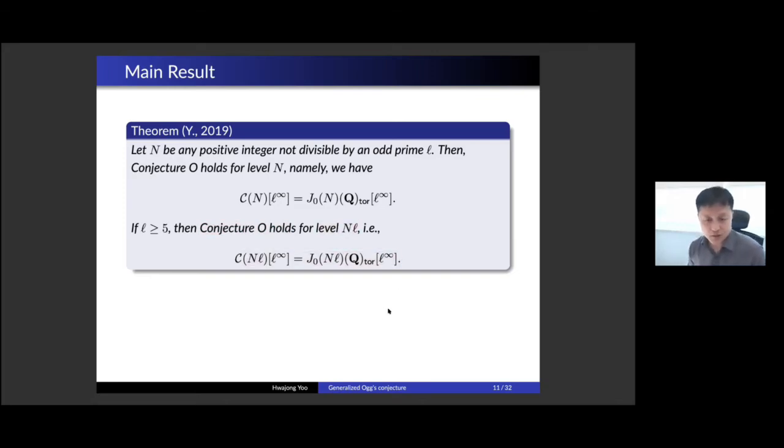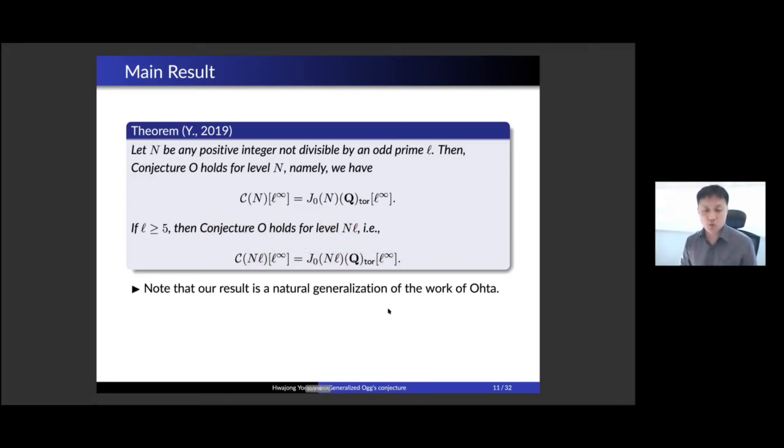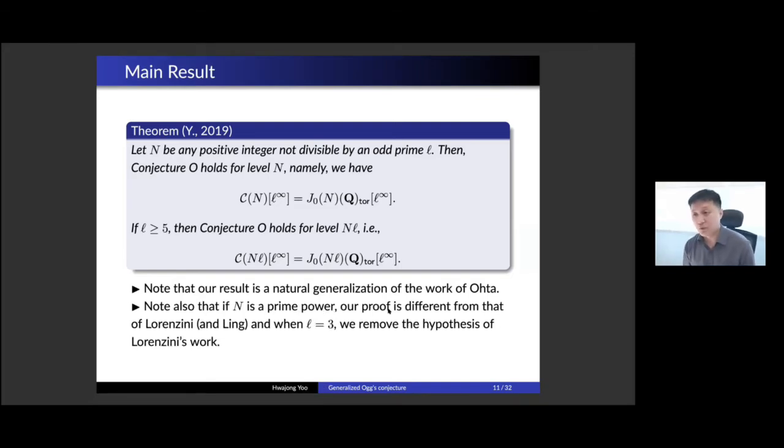So this is a generalization of the work of Ota. And my proof is different from those of Lorenzini and Ling. Also, when L equals 3, we remove their hypothesis.